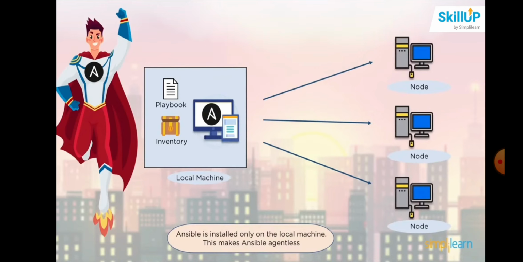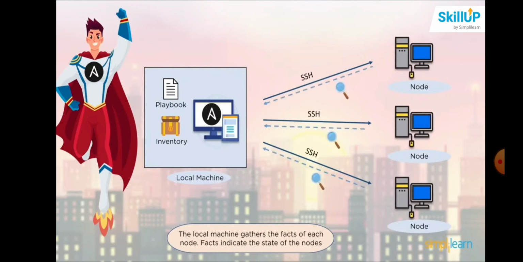Another term that you would come across with Ansible is push configuration. Since the local machine has complete control here, it pushes the playbooks onto the nodes and thus it's called a push configuration tool. Now the playbooks and the inventory are written at the local machine and the local machine connects with the nodes through the SSH client. This step here is optional but it's always recommended.